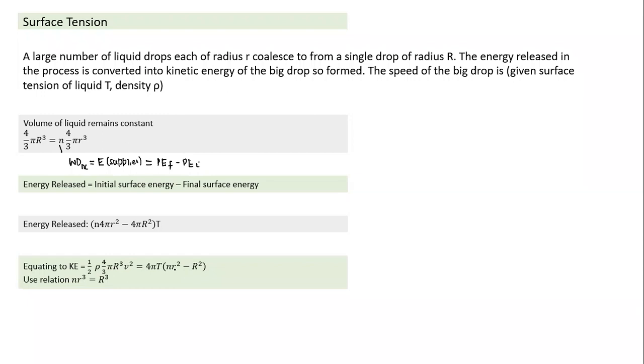So after getting this, the final answer depends on whatever options are given. You can substitute in place of nr cube: I could have written nr cube divided by R, and then in place of nr cube, I can write R cube. So that was how the answer was. We use this relationship, substitute here, and get our answer.